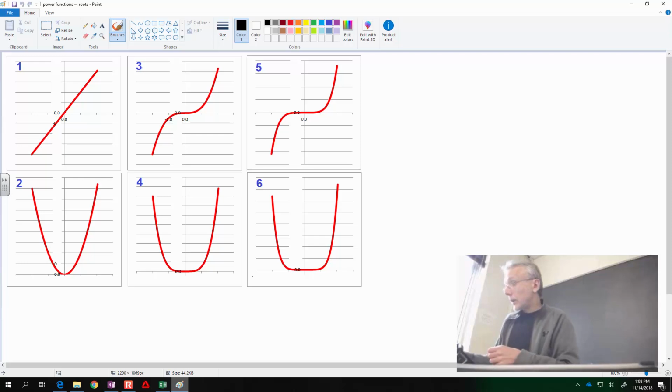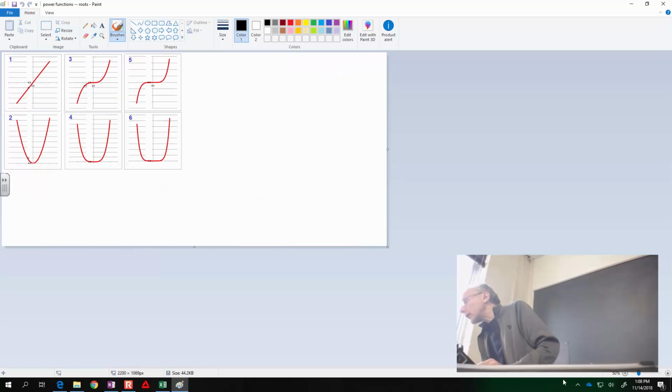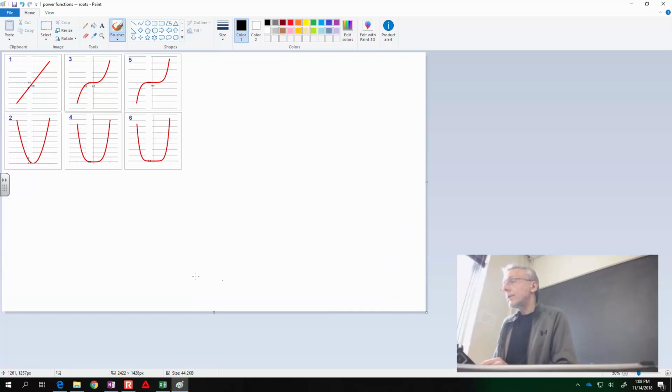Well, maybe if I just go and try to find the inverses in one sweep, it will become clear. So I'll just remember how we do it. We rotate the graph about the diagonal. So I'm gonna copy this, and then I'm gonna rotate it.